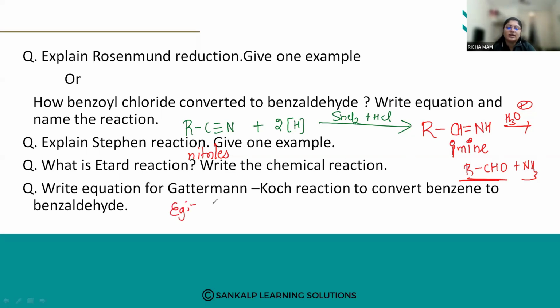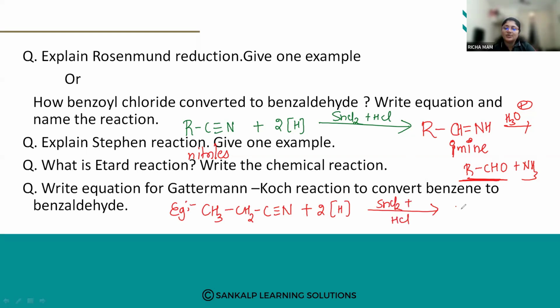Take one example now. I'll take propane nitrile, CH3, CH2, C triple bond N, right? What am I going to do? I'm going to do reduction in the presence of tin, that is stannous chloride plus HCl.